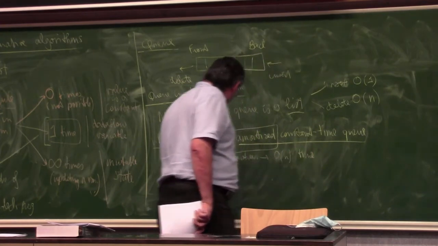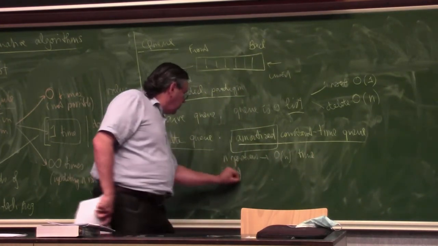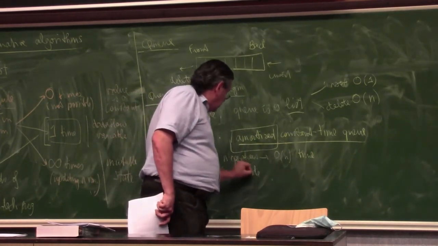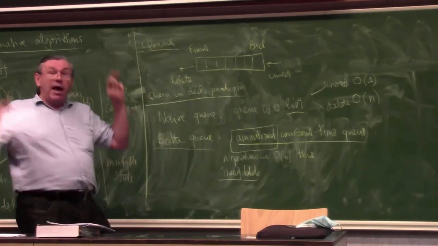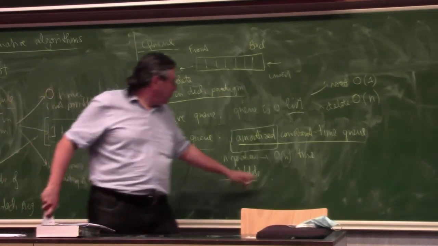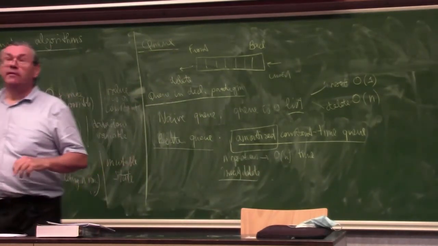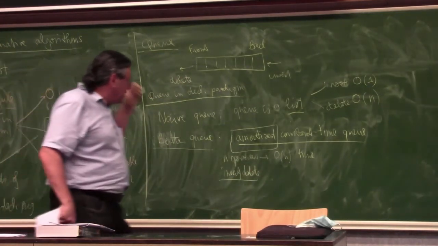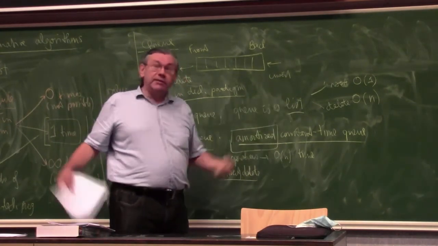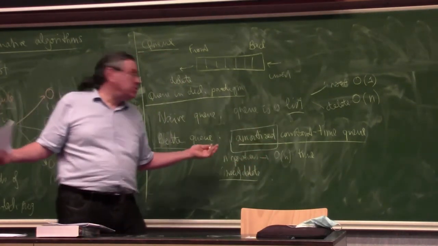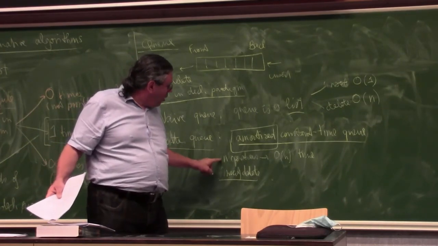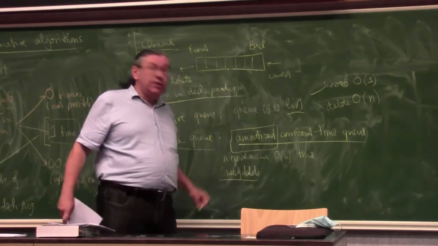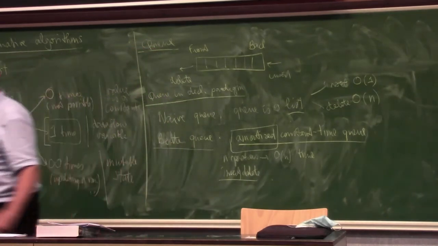So I do n operations, which can be insert or delete. Altogether, they will take order n. That means on average, an insert or delete will be constant time. But it might be that a single insert or a single delete is expensive. It might be. But over n operations, it will be cheaper, constant time.